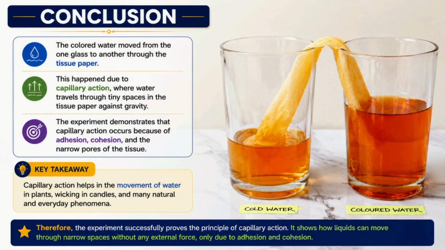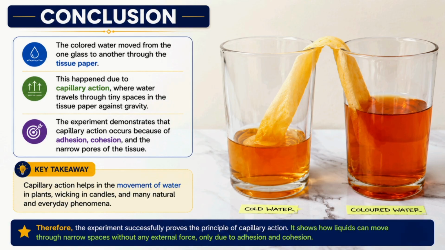The colored water moves through the tissue paper from one glass to the other due to capillary action. This demonstrates the movement of the liquid through narrow spaces by adhesive and cohesive forces. In conclusion, the experiment successfully demonstrated capillary action. The tissue paper acts as a porous medium, containing tiny capillary spaces.